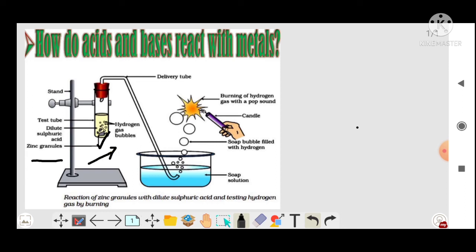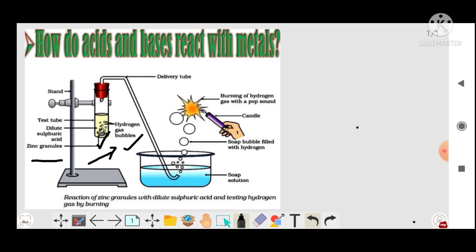Shake the test tube properly and then hydrogen gas bubbles are produced. Hydrogen gas is produced in this reaction of zinc granules and dilute sulfuric acid. Why is hydrogen gas produced? Because zinc replaces the hydrogen from sulfuric acid.